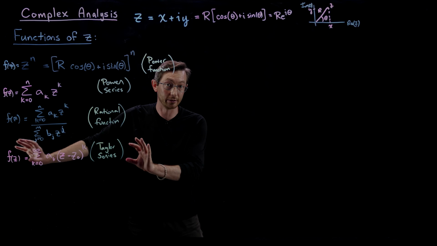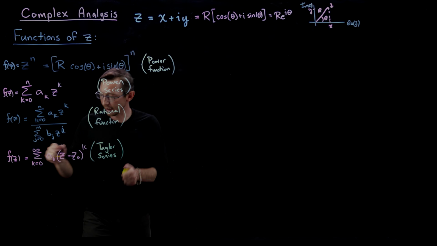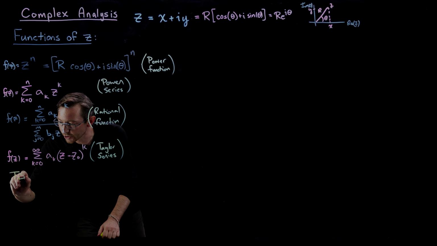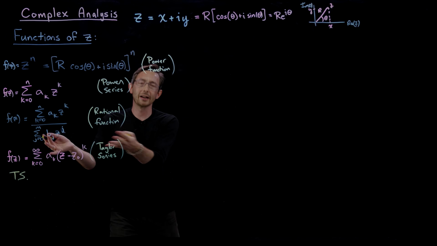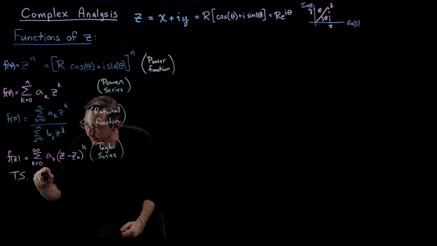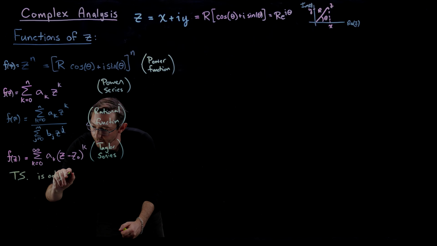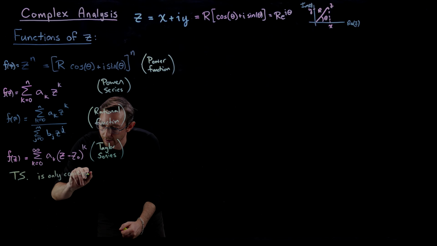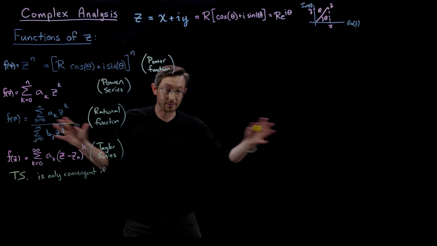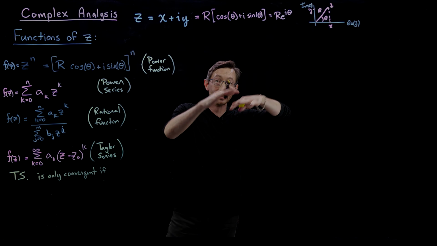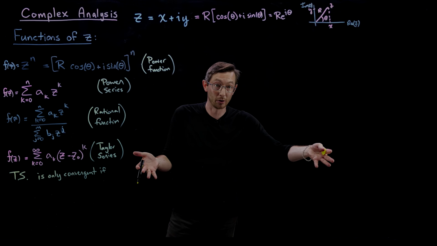So functions like e to the z, cosine of z, sine of z are going to have nicely defined convergent Taylor series. What I mean by that is the Taylor series is only well defined if it is convergent, and this is just like in real valued calculus. Remember, you write down a Taylor series and you see, does this infinite sum actually add up to a finite number?